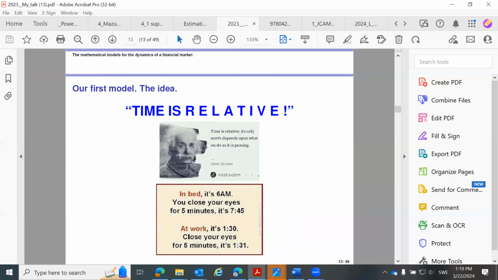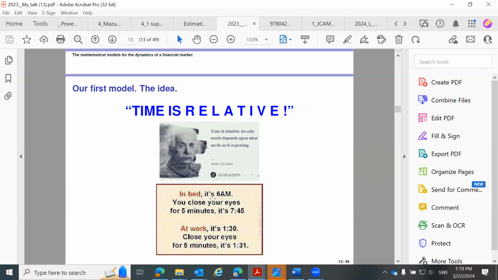And the models which I deal with are about the change of time, and the idea is that time is relative, and it is maybe a citation of Albert Einstein that time is relative. It only depends on what we do as it's passing.